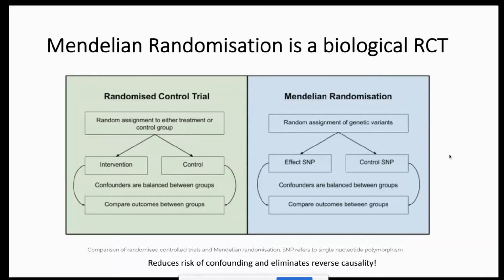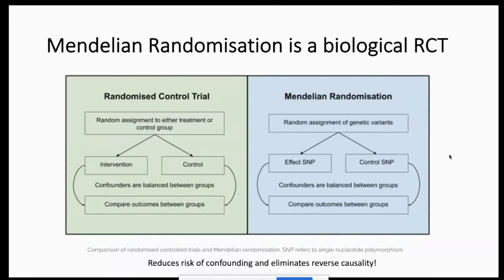If we compare the outcomes for patients who receive the intervention versus the control, we can say that the only difference between these groups was the treatment. Therefore, it's likely that this treatment is mediating that difference. So we can infer causality there.